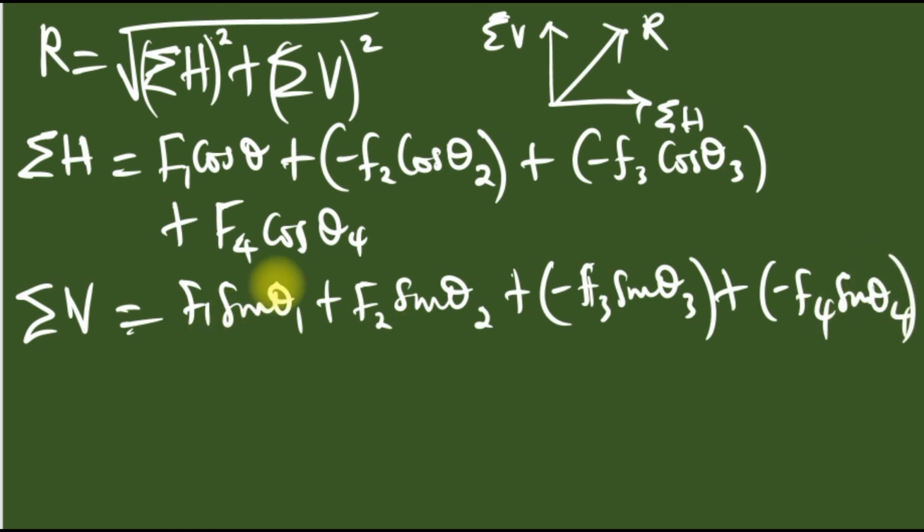So whatever we get here, we square it, the same thing, square, after that find the square root, that's the resultant.